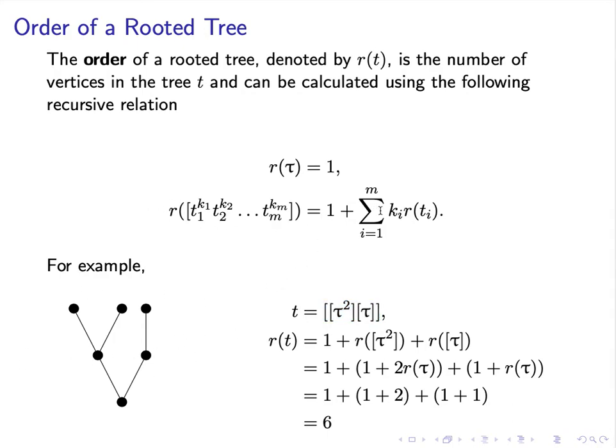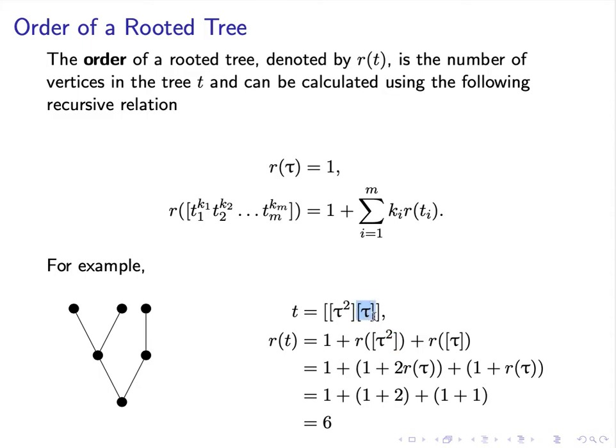So if we apply this recursive relation, we have 1 plus, now this tree here only appears once, so k1 is 1, which I've just not included, and that's times the order of the subtree, and the subtree is a rooted tree with two child nodes.